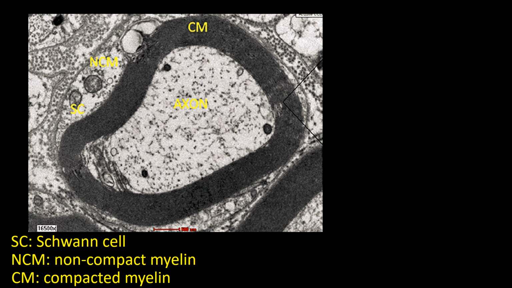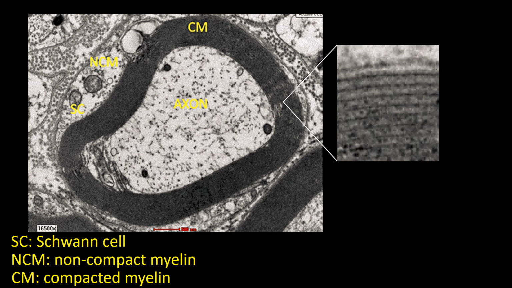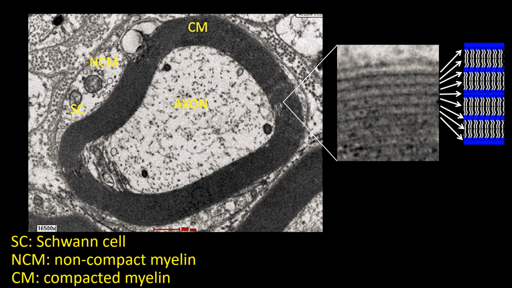In this cross-section photograph, we can see the axon, the Schwann cell, the non-compacted myelin, and the compacted myelin. If we take one small piece of the compacted membrane and expand it, we will see dark and lighter areas corresponding to the structures we have just mentioned.